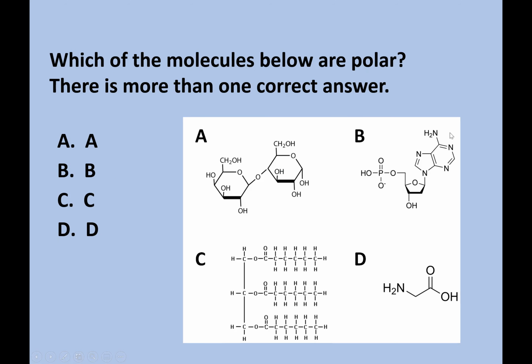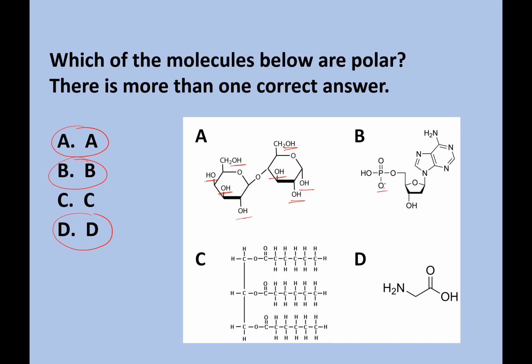Okay, your final question is, which of the molecules below are polar? There's more than one correct answer. So pause the video and figure this out. And hopefully you recognized that A, B, and D are all polar. So look at all these OHs. Okay.